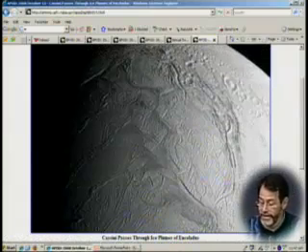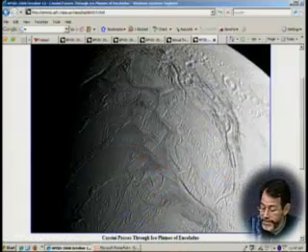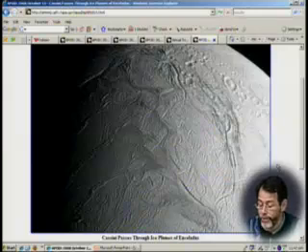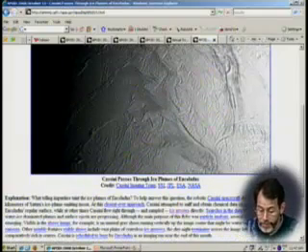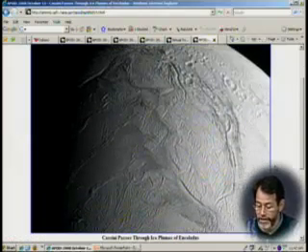Enceladus is spewing ice and water vapor, and it wasn't predicted that it would do that. It's indicative of underground oceans, and underground oceans are places where there might be life. So Enceladus soon became one of the candidates to look for life in the solar system.